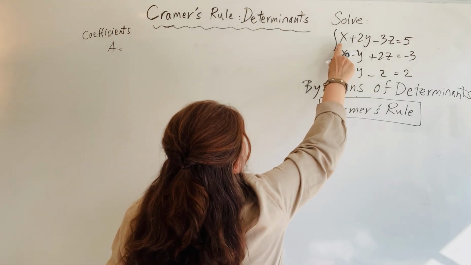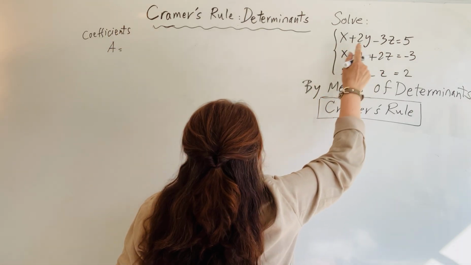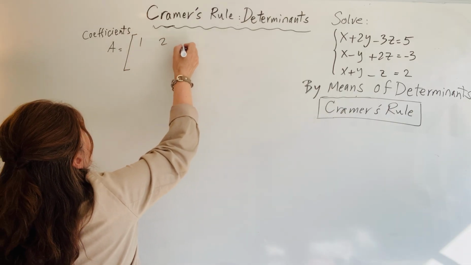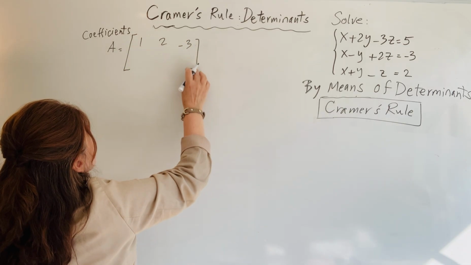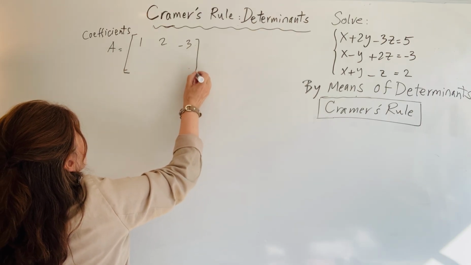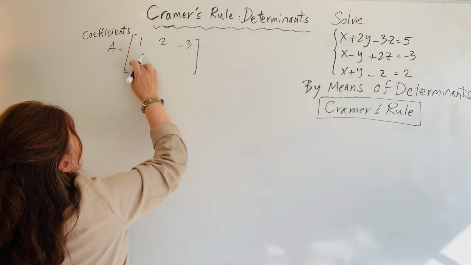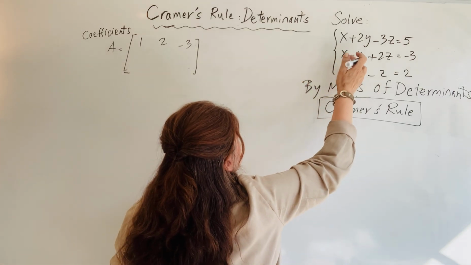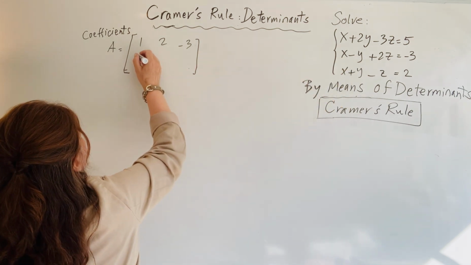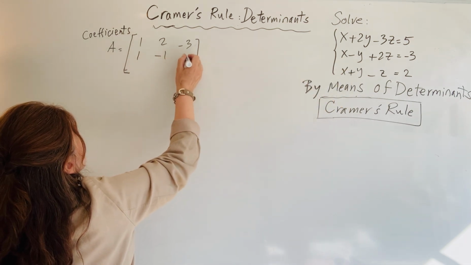What are the coefficients? This row is 1, 2, negative 3. We need 3 by 3 because we have 3 unknowns and 3 equations. The second row is 1, negative 1, 2.